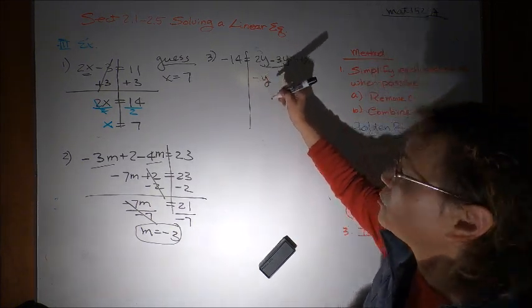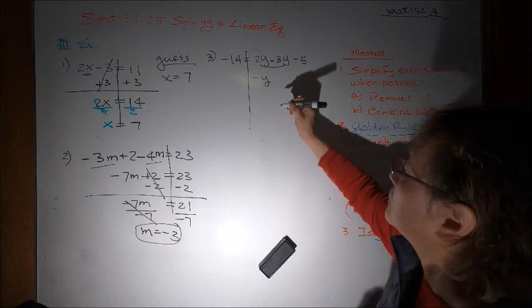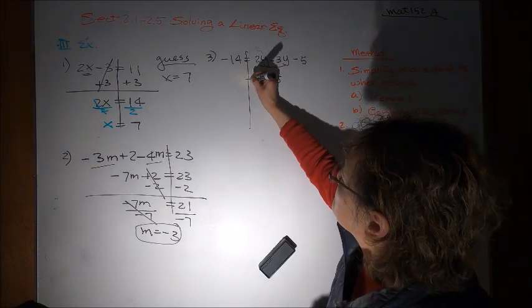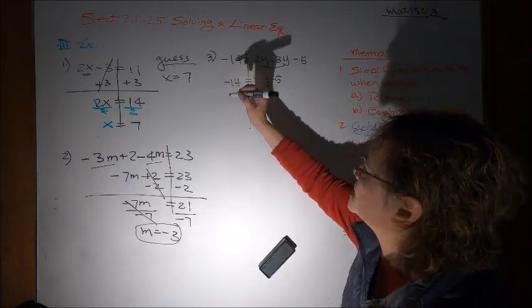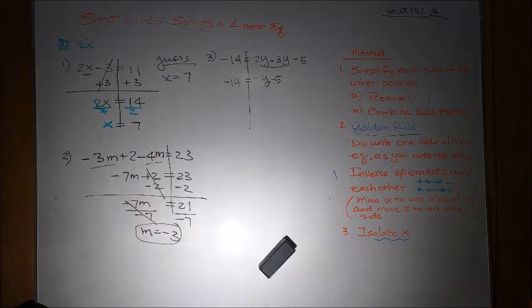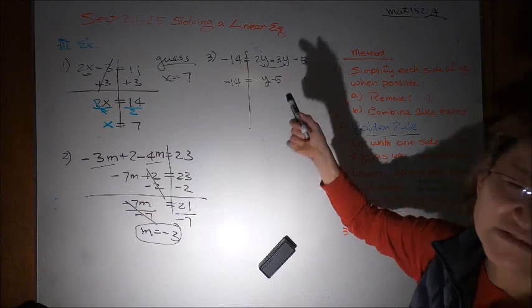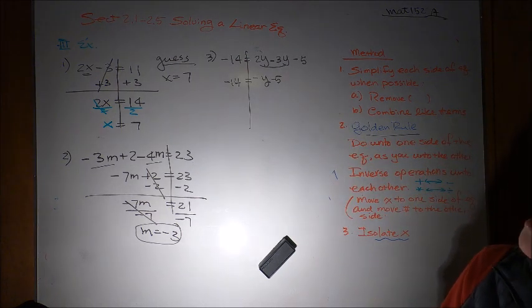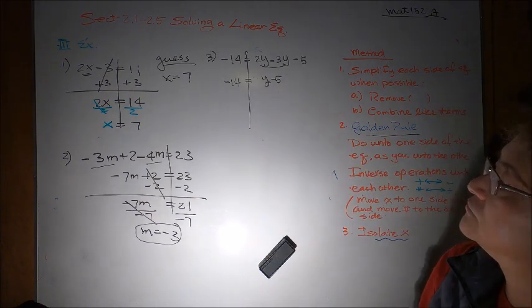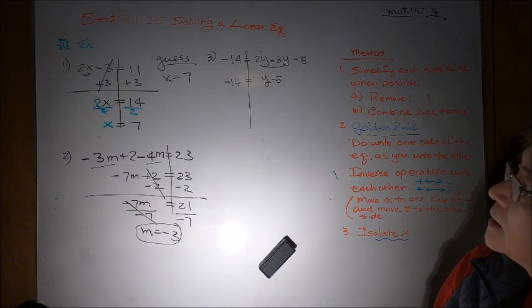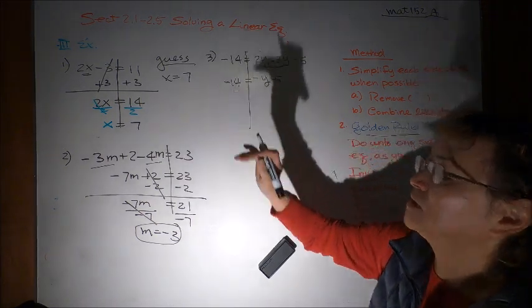-1y. -1y is the same thing as -y, right? -5. Then this one will be what? -14. Then, since y is already here, I can just leave it there, by itself. I can move 5 over to the other side.